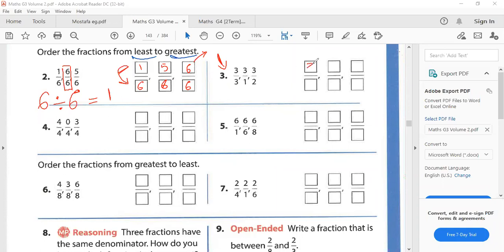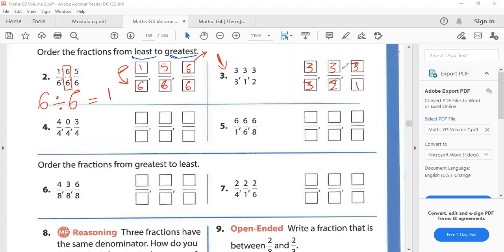The least is 3 over 3. And the second is 3 over 2. Perfect. And the greatest is 3 over 1.